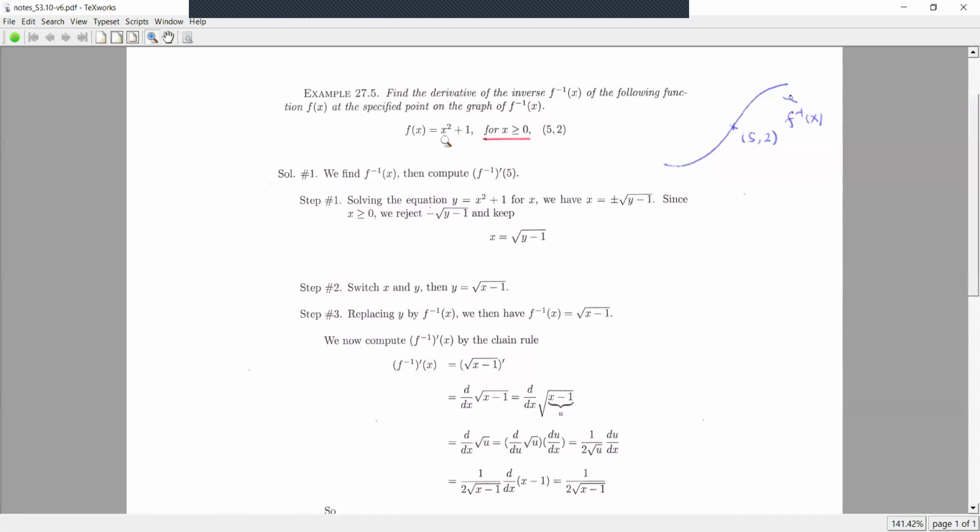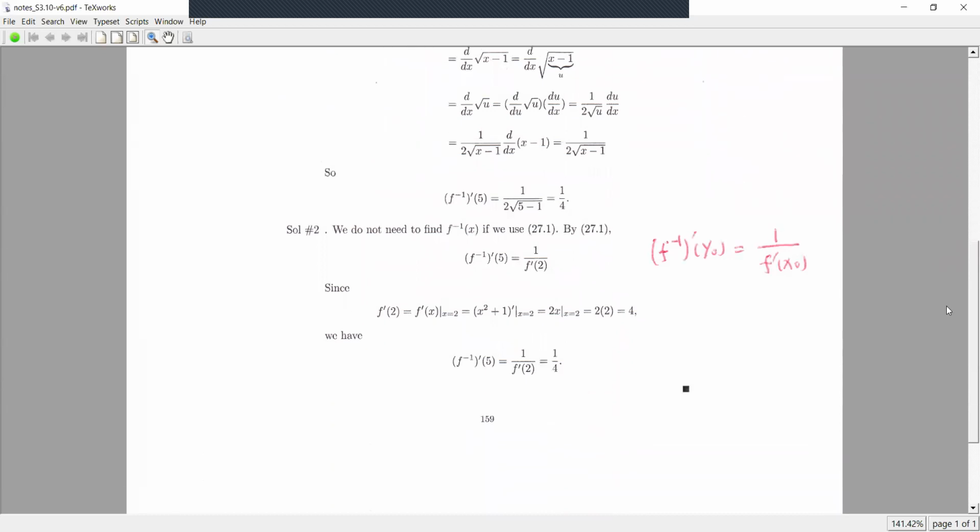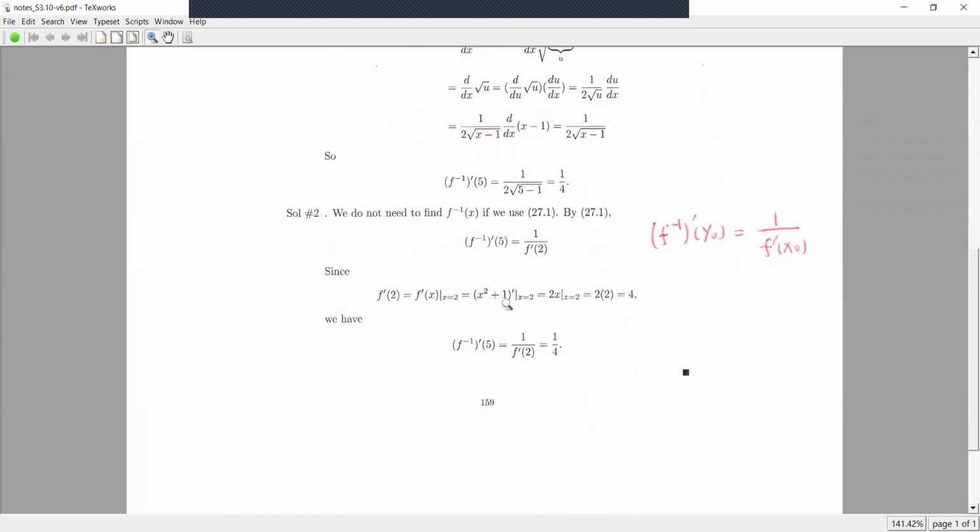The derivative of x squared plus 1 is 2x. Then plug in 2 for x. The derivative of f at 2 is therefore 4. Therefore, the derivative of f inverse at 5 is equal to 1/4.